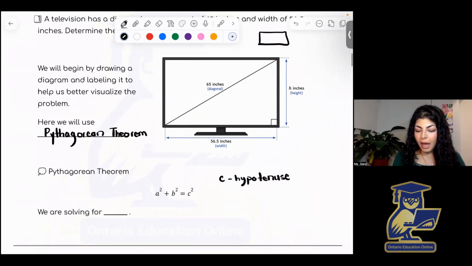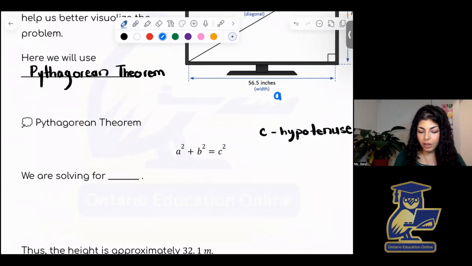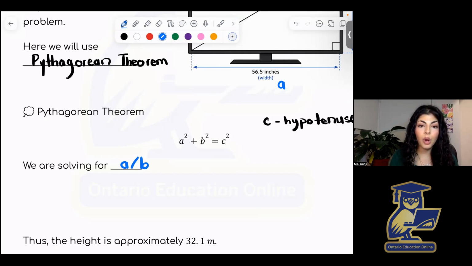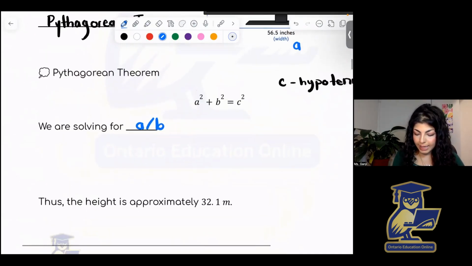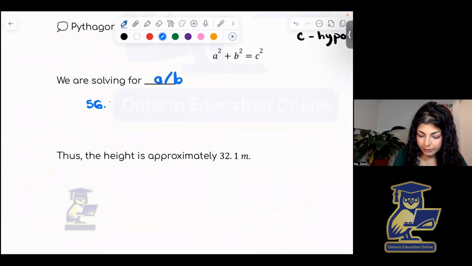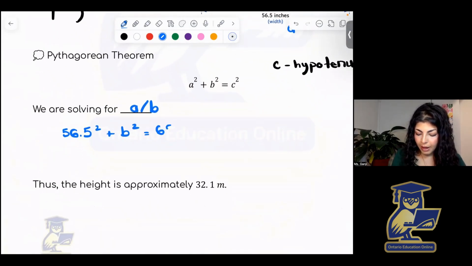And so here, depending on how you label it, if we say that this is a, or a squared plus b squared, and this is c, then we are solving for, in this case, either a or b would be an appropriate answer here, as long as you know we are not solving for c, which is the hypotenuse. So in this case, we can do 56.5 squared plus b squared is equal to 65 squared.